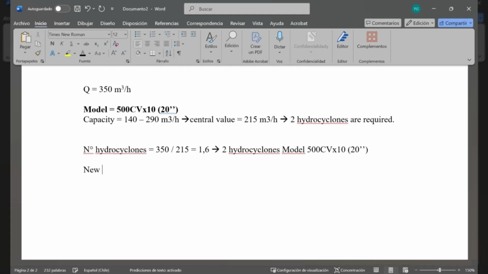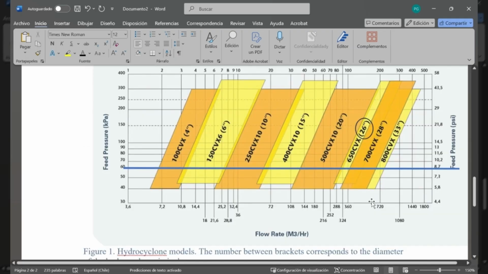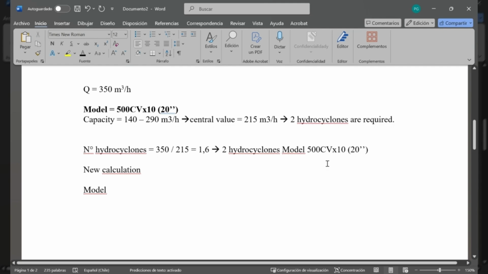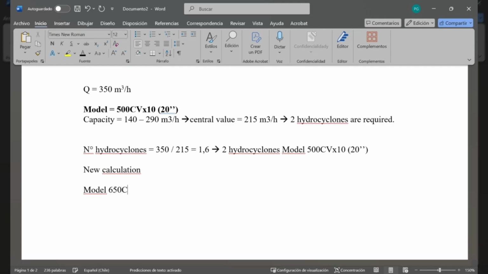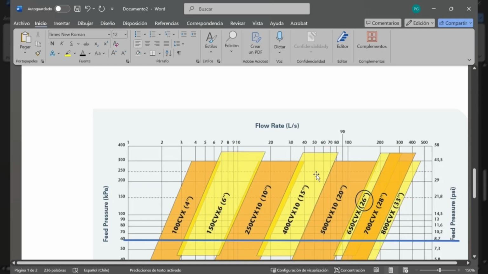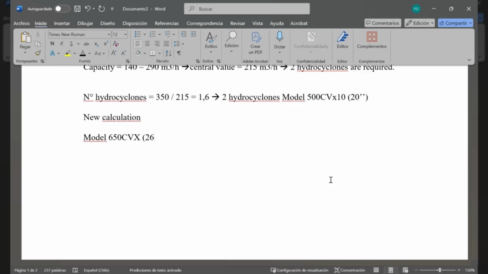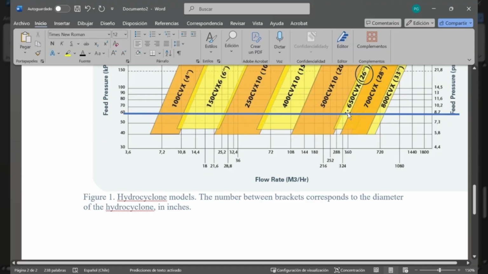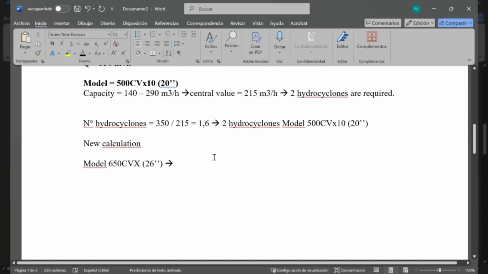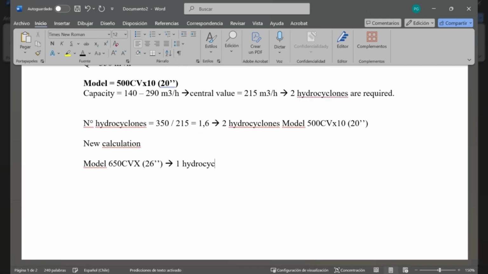So new calculations, model 650 CV, or just X, and that's a 26-inch diameter one. And in this case, we would just require one, or maybe two actually, because it's 360, but 350 falls within the range. So we just need one model of this hydrocyclone.